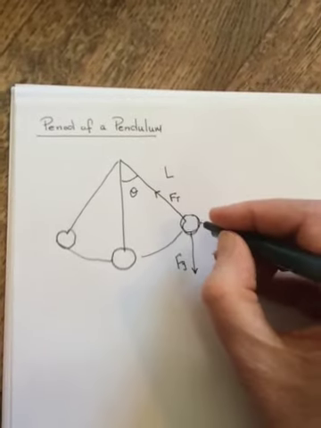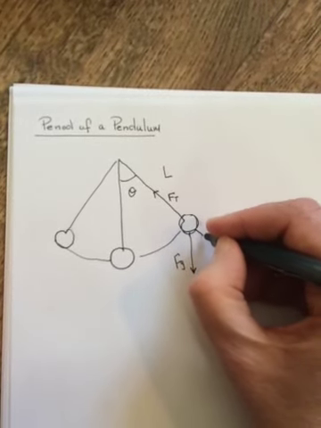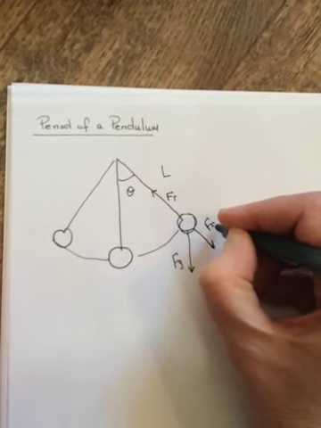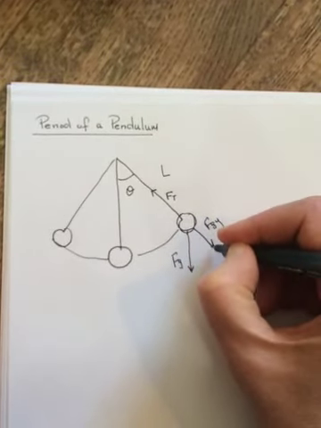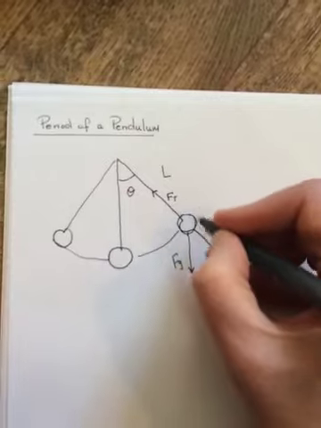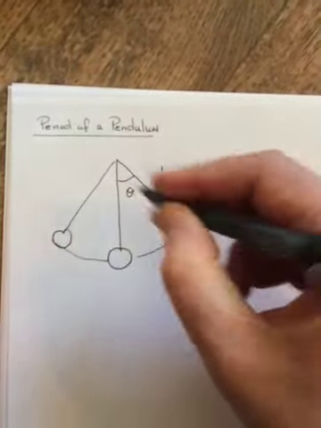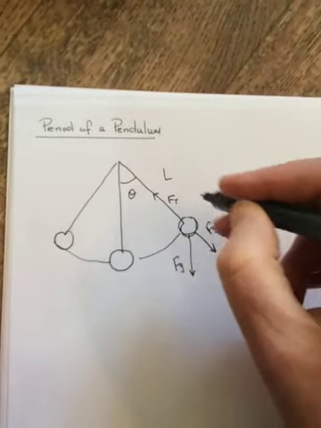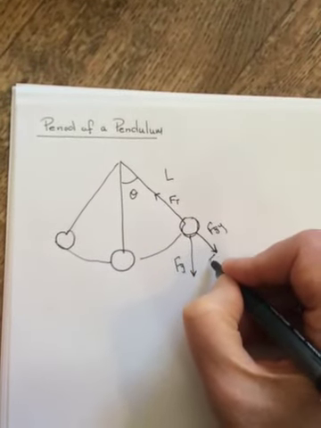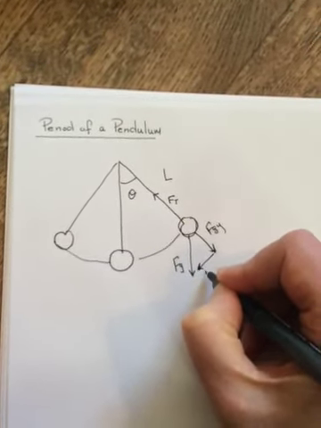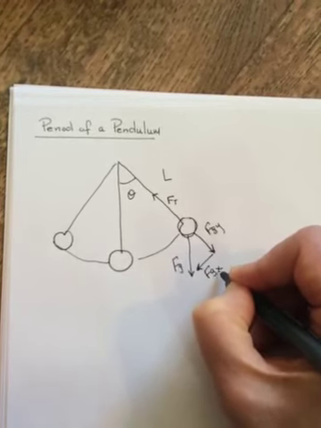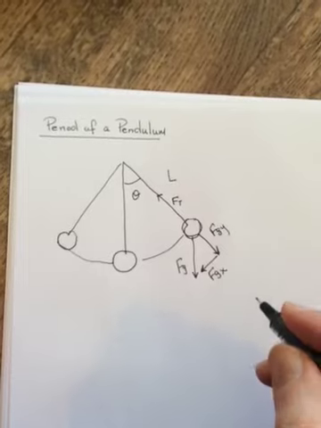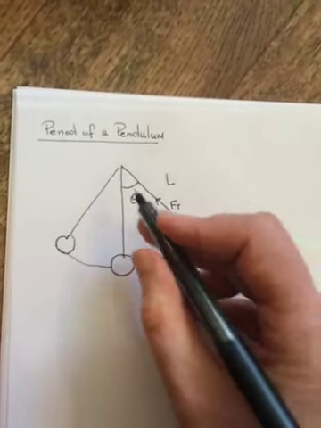If we take a look at Fg, it has two components. It has a component, Fgy, acting opposite the Ft, and assuming that this ball isn't moving along this line, then Ft and Fgy must be equal. And it has a component Fgx, and it's the Fgx that's acting as the linear restoring force.